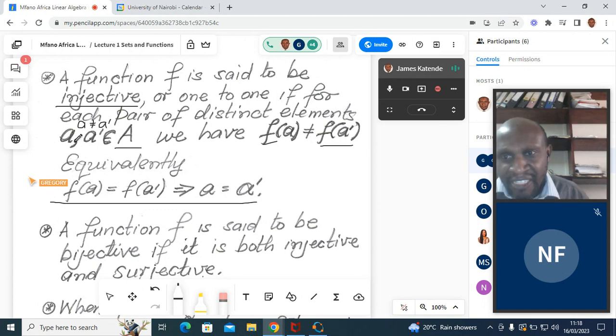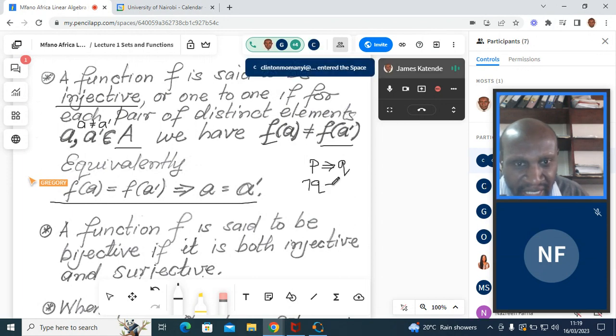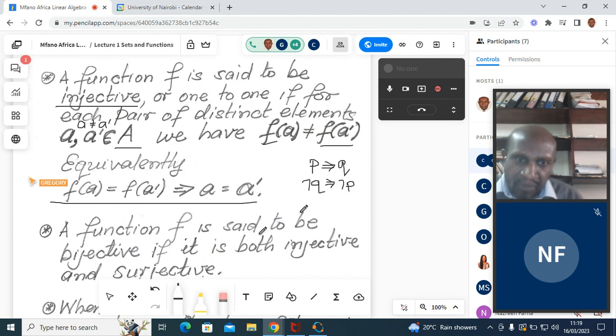If we have P implies Q as our statement, then it is logically equivalent to not Q implies not P. So these two are logically equivalent, and therefore they're interchangeable.